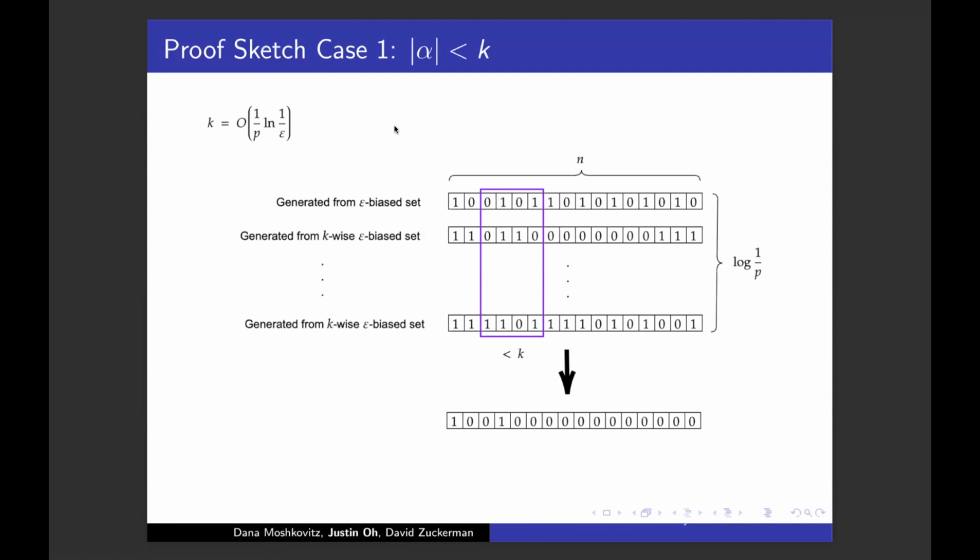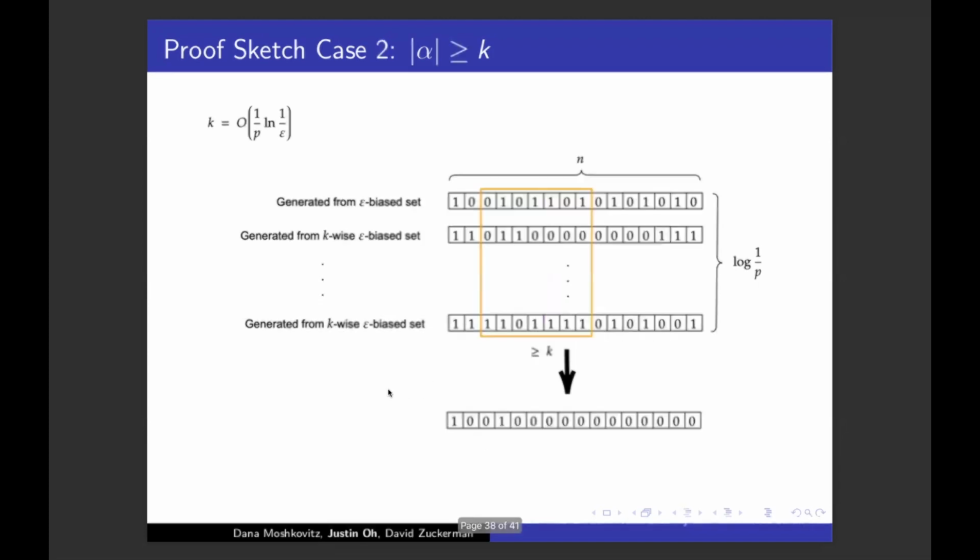If we look at the first case, where we're looking at an alpha where the Hamming weight is small, so we're looking at, say, a very small subset of indices, we can use the same intuition as before and show that since all of these strings are generated from a k-wise epsilon bias set, and this subset is of size k or less, we're going to faithfully approximate the distribution D sub p comma n, where the marginals have probability p.